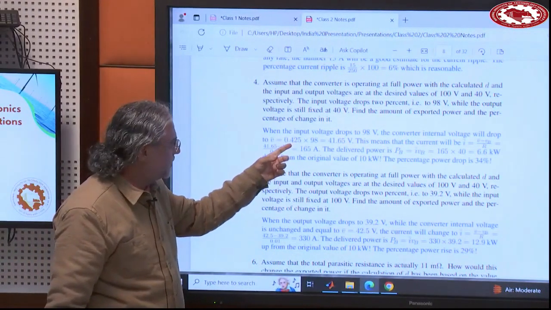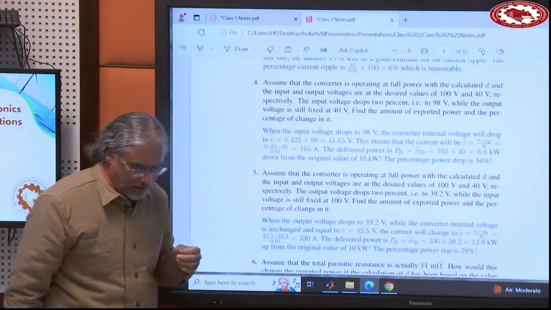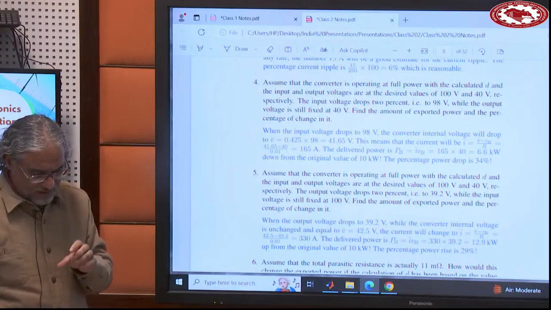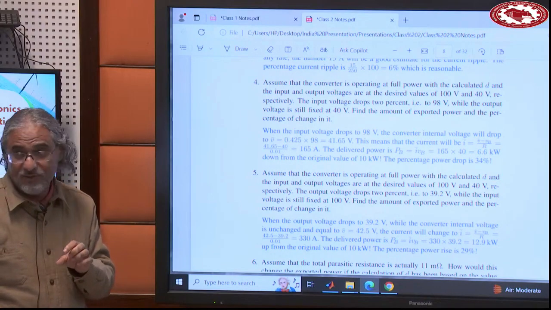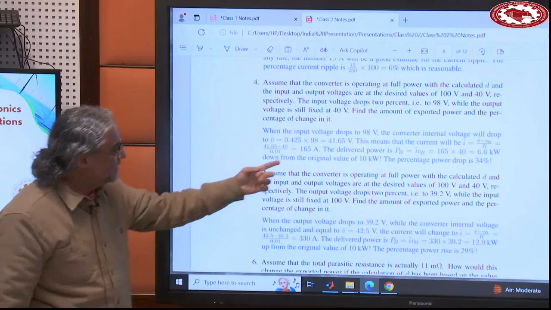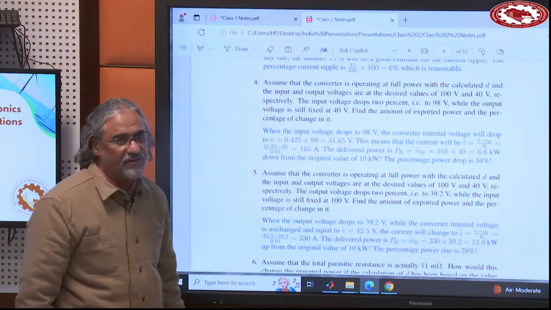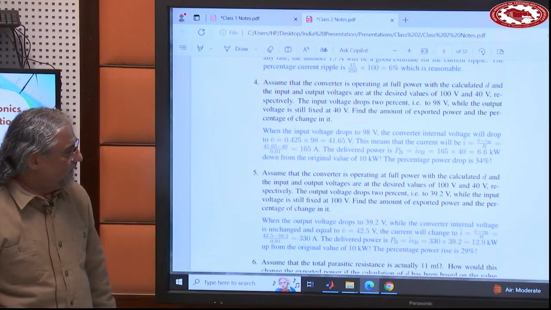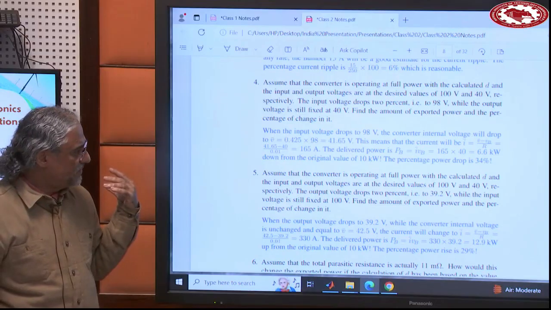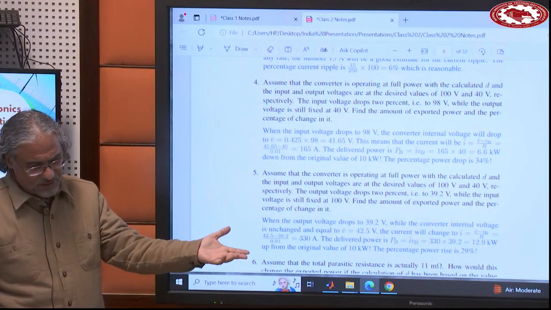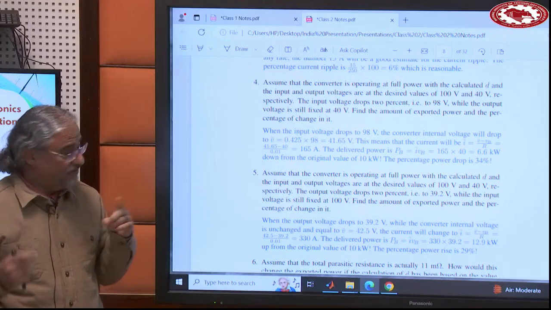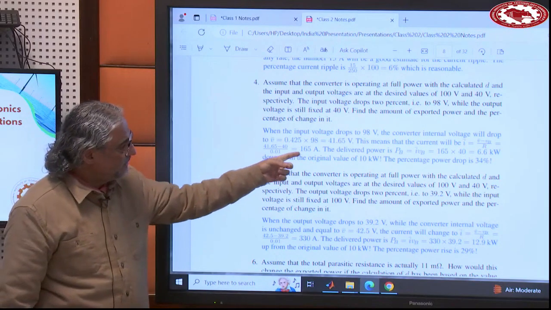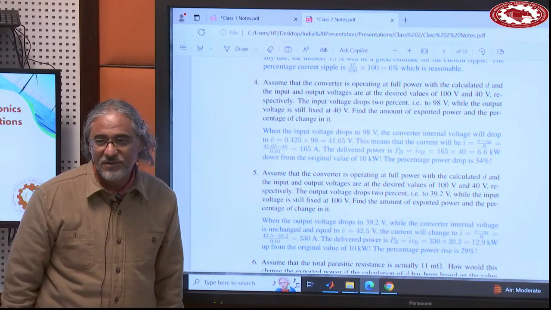I said 0.4. So at 0.425, now the voltage that generates is 0.425 into 98, not into 100. And that is 41.65. And the voltage of 41.65 minus 40, that's the voltage across the resistor in the steady state, divided by the resistor, gives you the current, 165.